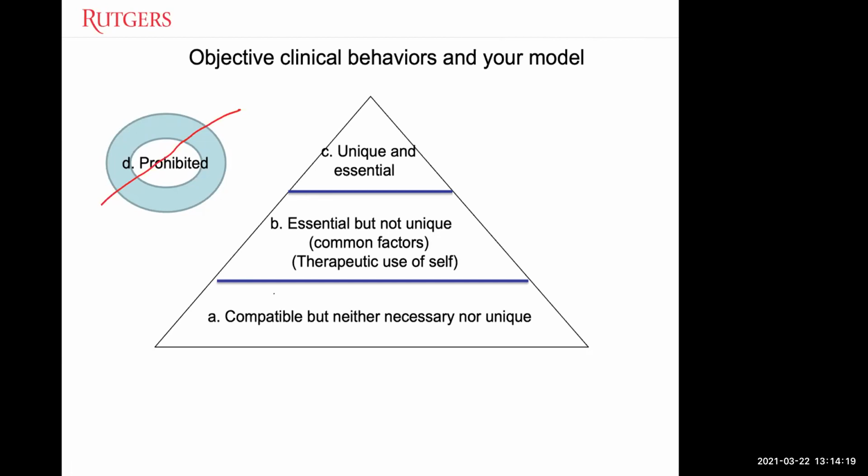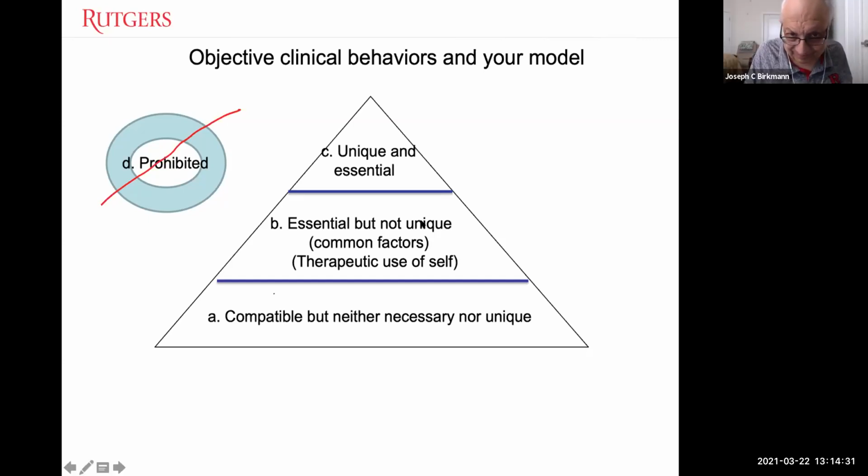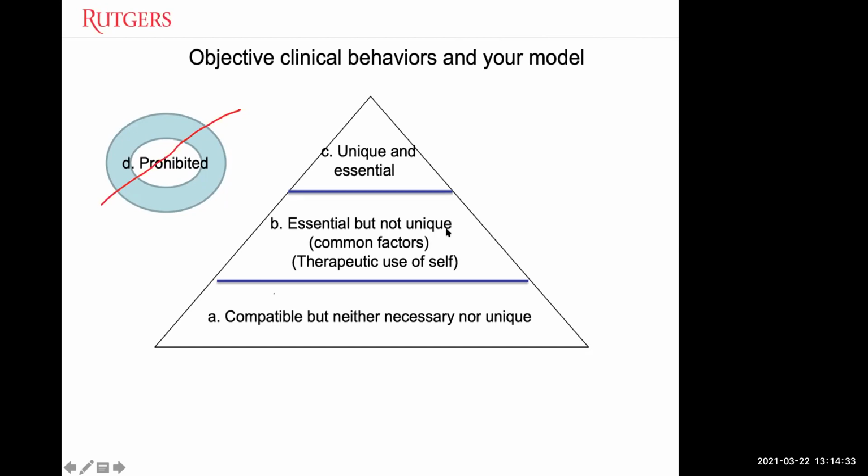Let's look at B. What is essential to what we do, but not unique to what we do? Oh, I even gave you some clues there. So you might even argue that, I don't know, is small talk essential? Maybe not. But what is essential?